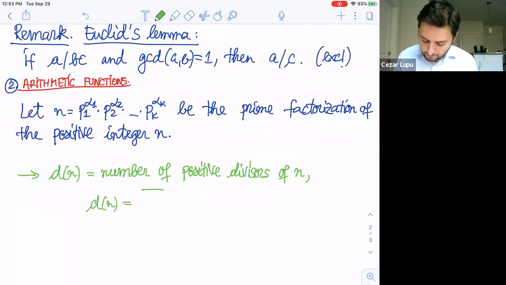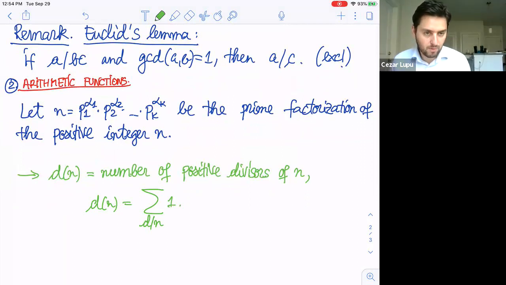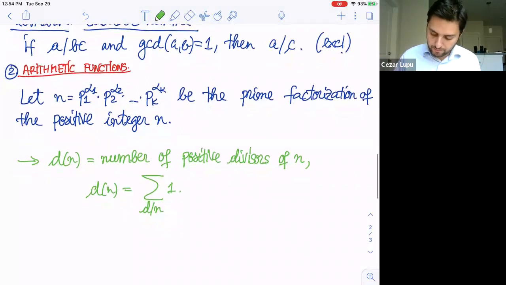In other words, d of n is the sum over all divisors d that divide n of 1. That's the number of divisors. And since this is an arithmetic function, it has the following formula.